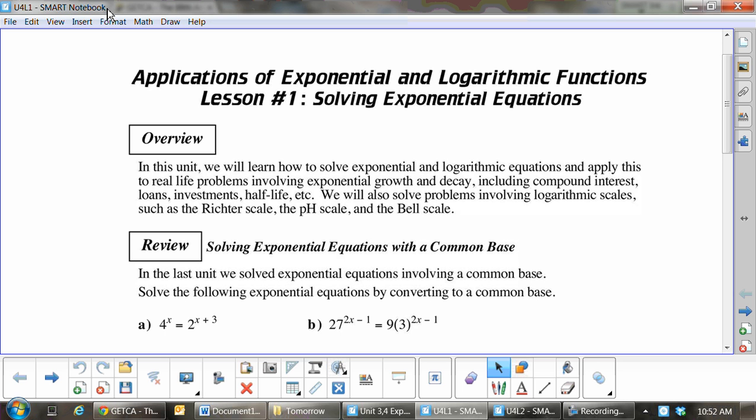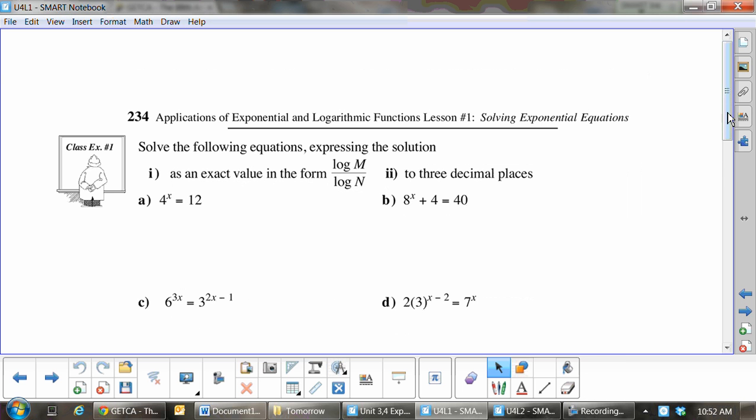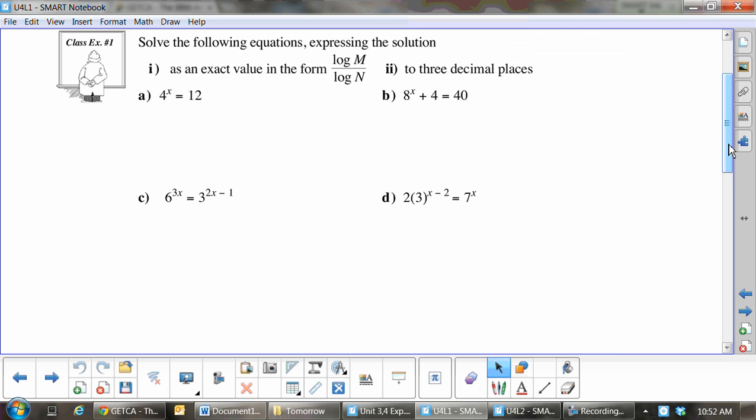Now, today, I'm going to teach you a new way to solve exponents. So let's deal with something that is extremely easy: 4 to the x equals 12.